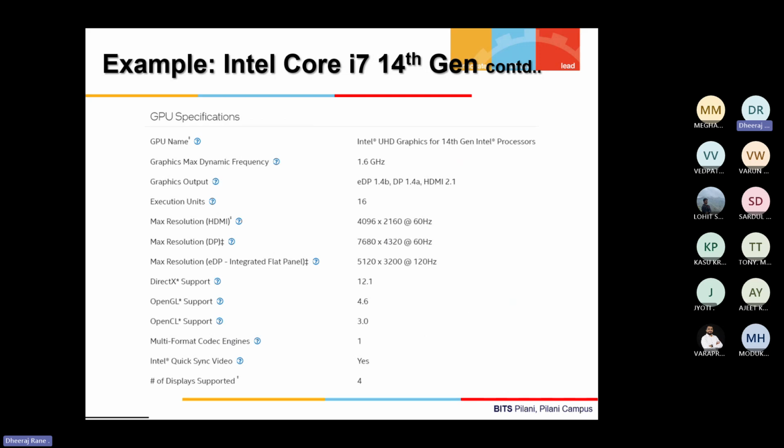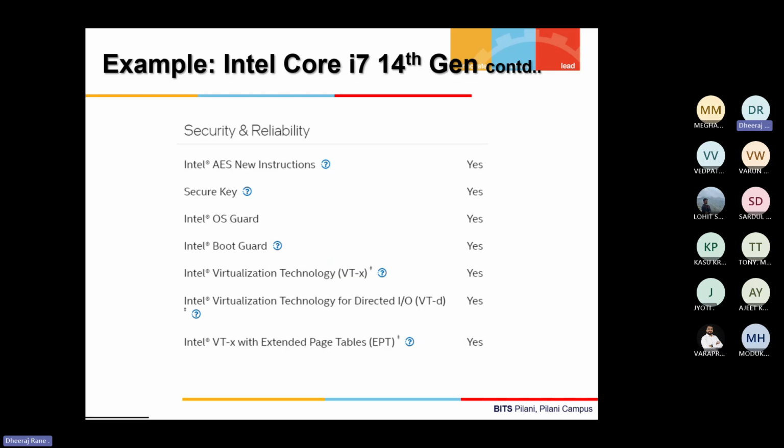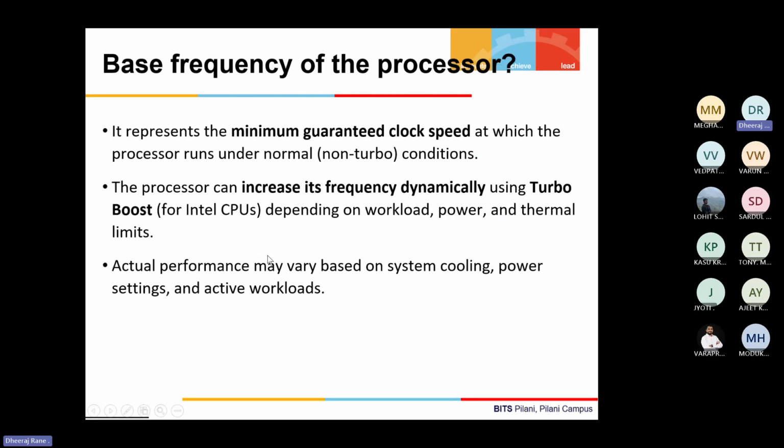Later on, we went through several other parameters. You can definitely refer to all these parameters. Then we saw the logical cores, again coming to the concept of performance and efficiency cores. We went through the calculation, the basic formula about the performance and efficiency cores.